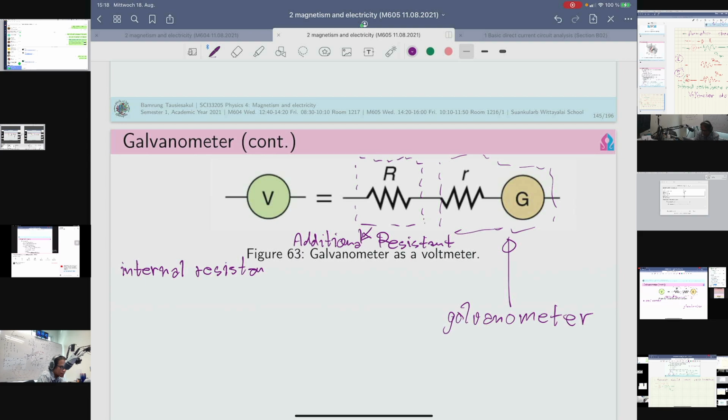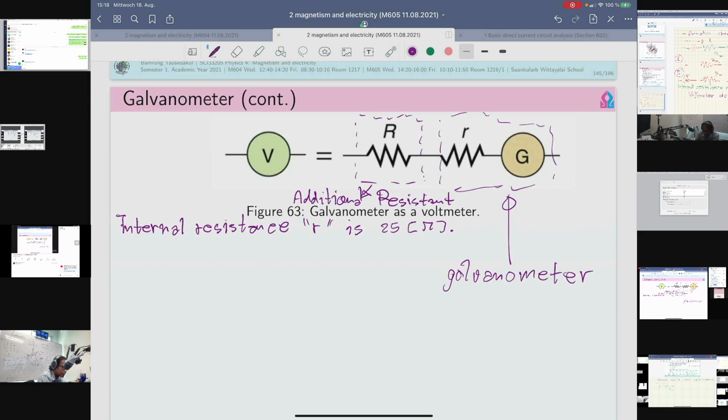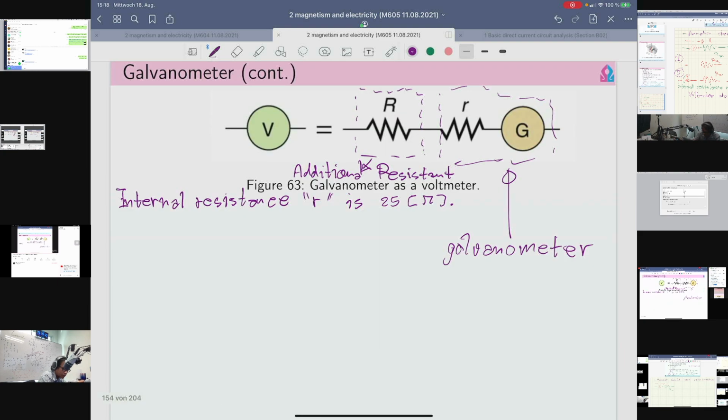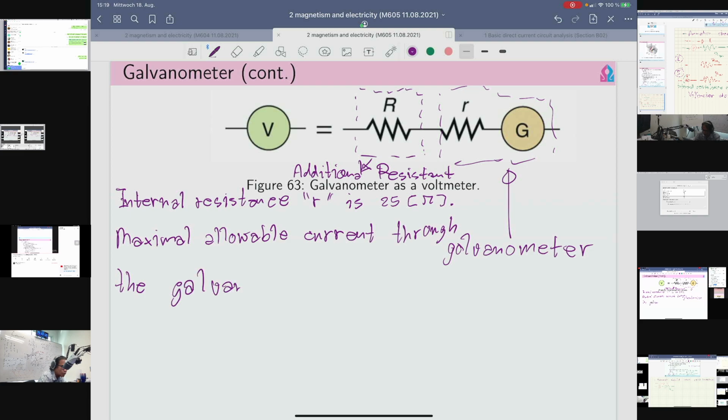And 50 microampere sensitivity for the galvanometer means the maximal allowable current through the galvanometer is 50 microampere.